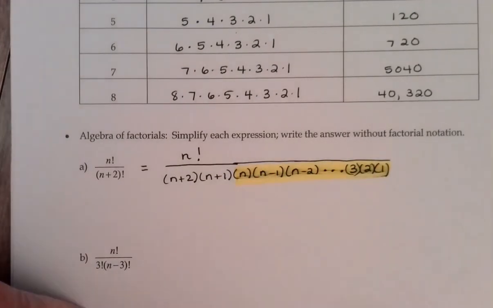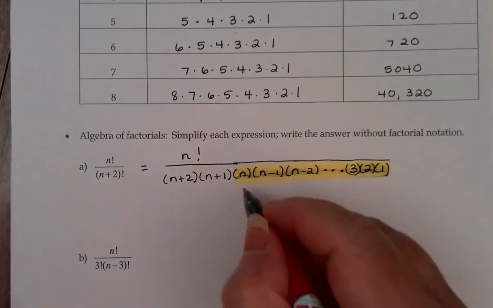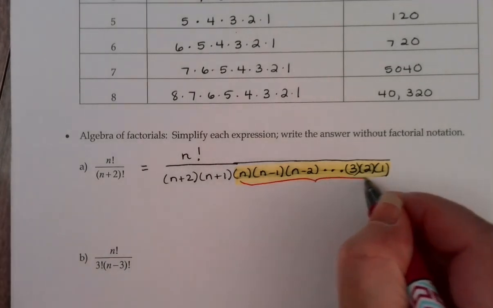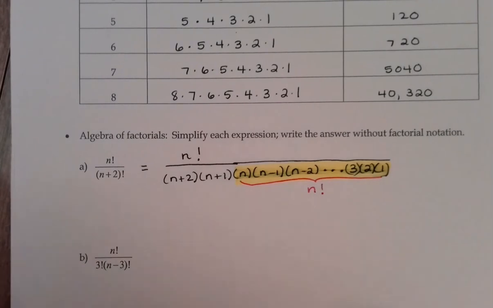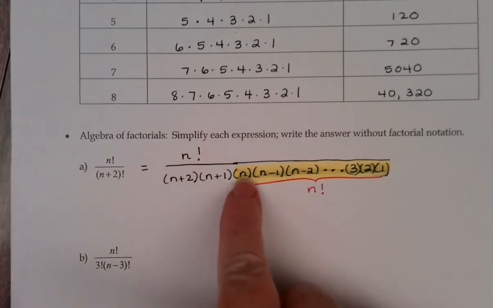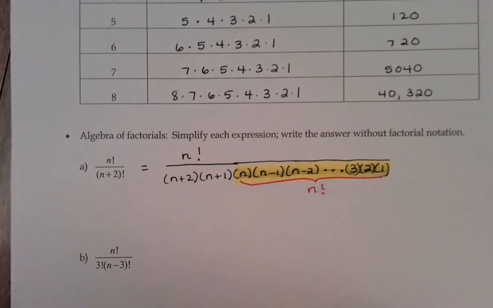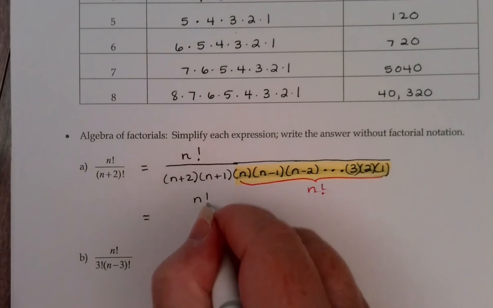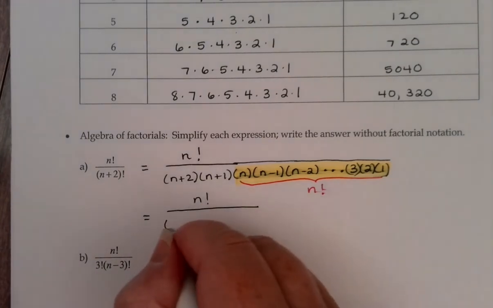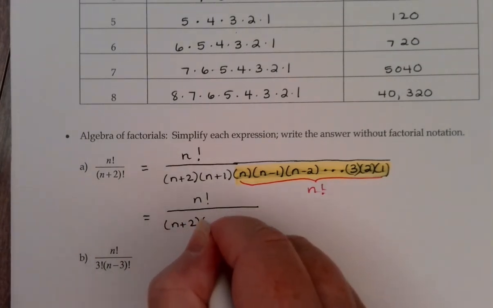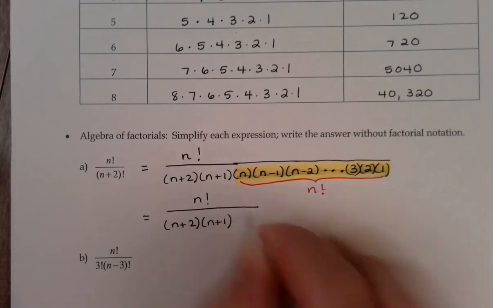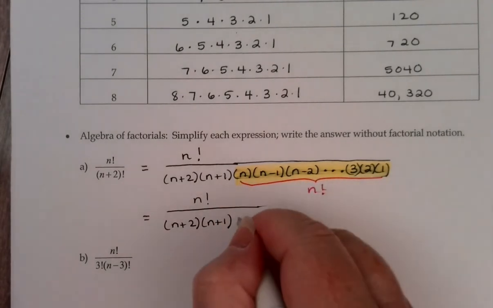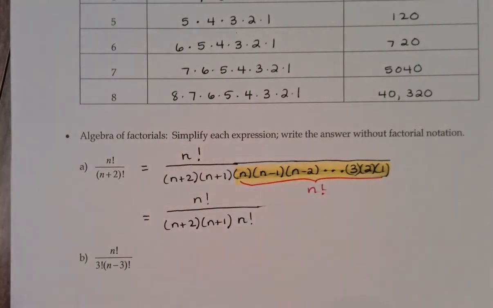What is that? Isn't all of this just n factorial? It's the product of n all the way down to 1. That's n factorial. So what I actually have here is an n factorial on the top over n plus 2, n plus 1 times n factorial.